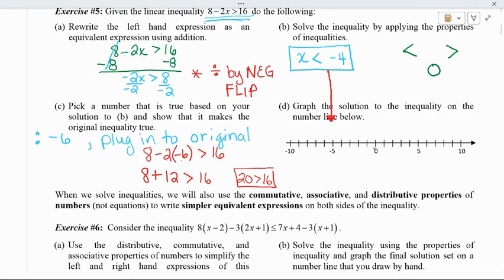So I'm going to find negative 4. This is negative 1, negative 2, negative 3, negative 4. I'm going to put an open circle. And I want all of the numbers that are less than negative 4, like negative 6 that Daniel gave us. Negative 6 lives right here, so that means I shade to the left.